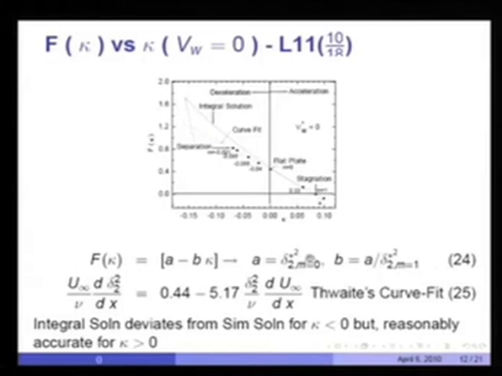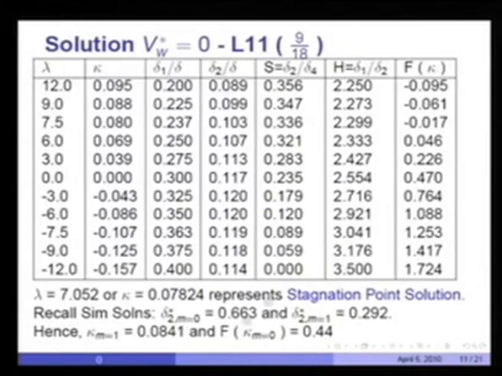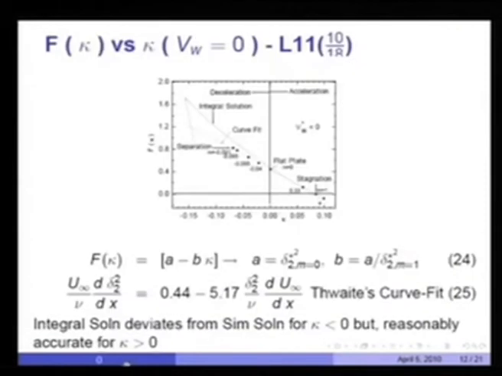If you look at our previous slide, I have said delta 2 star for m equal to 0 is 0.663. So, delta 2 star square would be the square of 0.663, which is 0.44, and delta 2 star for m equal to 1 is 0.292. So, 0.44 divided by 0.292 will give me this value of 5.17. So, A will become equal to 0.44, whereas B will equal minus 0.4.